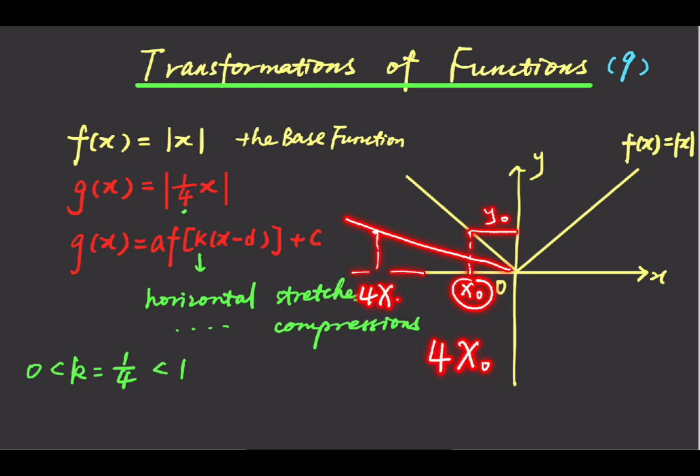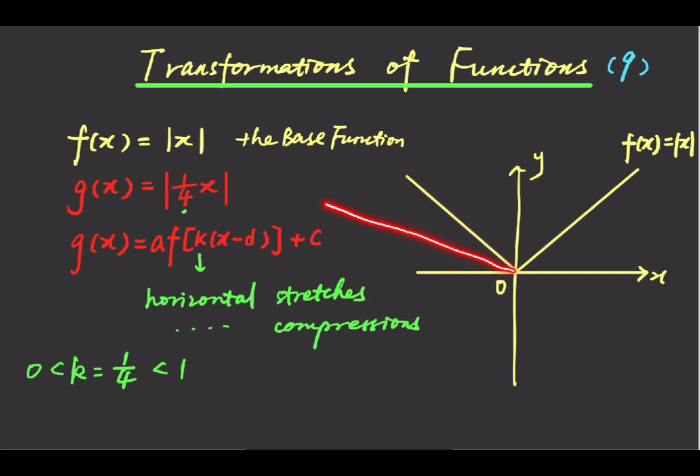So it should be here. But you need to know x0 on the left of the x-axis is a negative number, so 4 times x0 is also a negative number. y0 is unchanged. So for this branch, the transformed curve should be like this. For the right side, the transformed curve is like this.